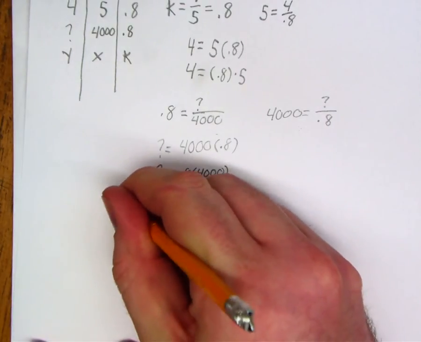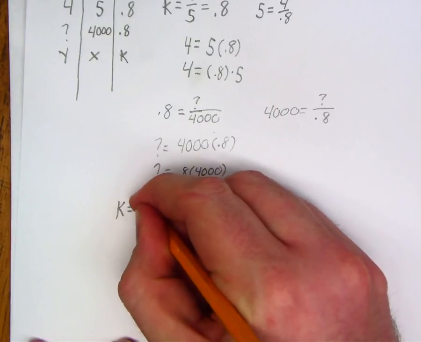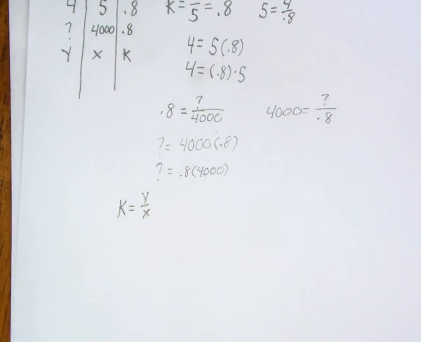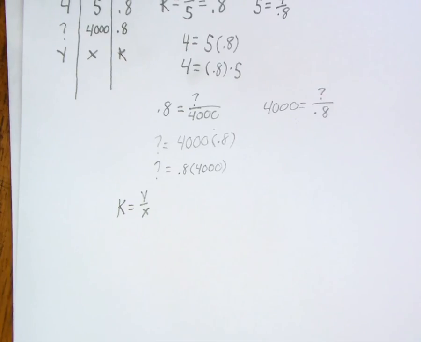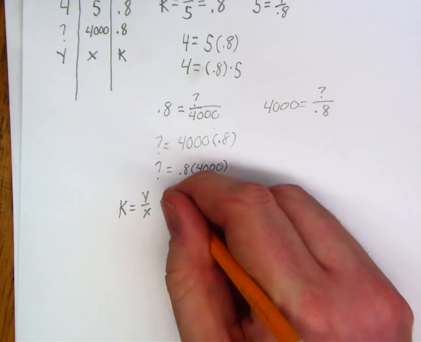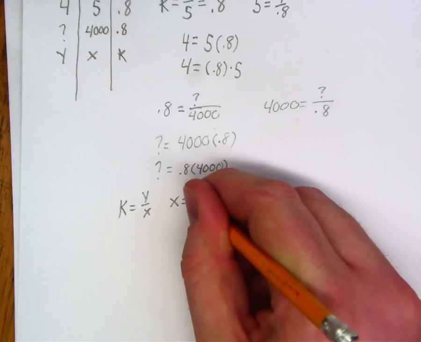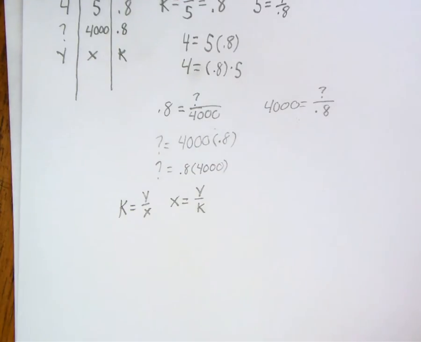We know that k is equal to y over x. That is how we will solve most of our problems here, or that's how we initially find k. That's going to be one of our starters. And from this we can also say that x is equal to y over k. That one's going to be helpful.